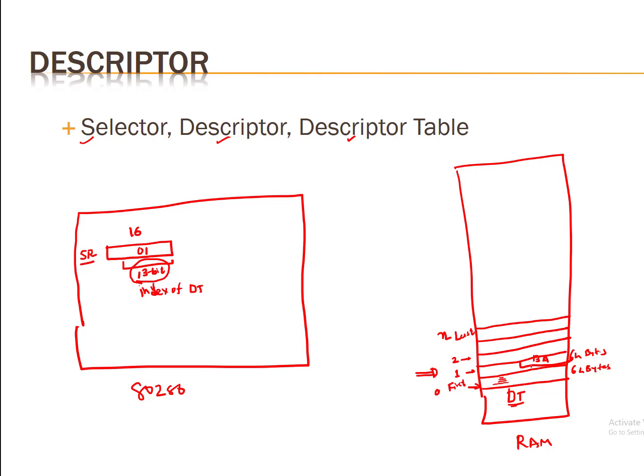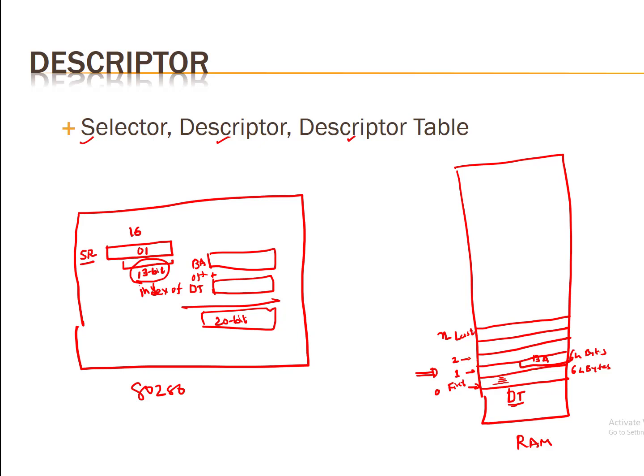The segment register points to an index into the DT table, the descriptor table, and the descriptor table contains this base address. So those base addresses are transferred from memory to 80286. This base address will be added with the offset, and finally the 20-bit address will be generated. So this is the case of protected virtual address mode, where the base address is not part of the segment register, it is part of the descriptor table.